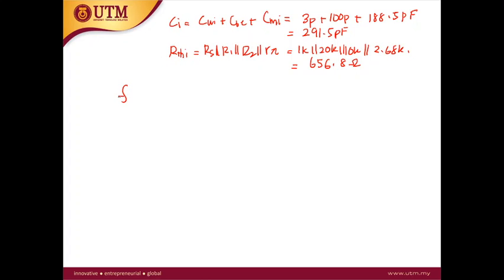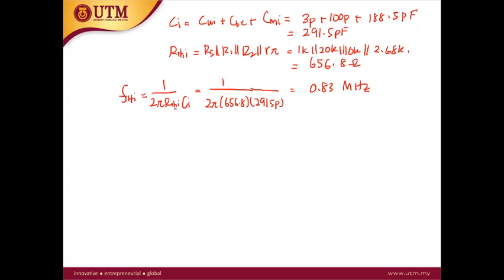Now you have the total capacitance and the total resistance at the input side. The FHI will become 1 over 2 pi RTHI CI. So this is 1 over 2 pi times 656.8 times 291.5 pico. This will give you the value of 0.83 megahertz. This is the input side. At the output side, you repeat the same procedure. First, the total capacitance at the output is CWO plus CCE plus CMO.